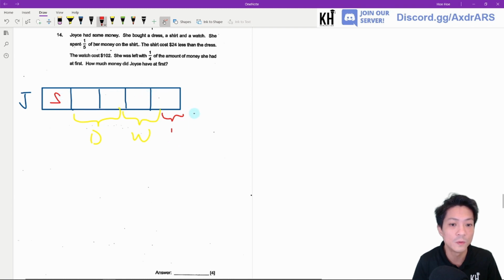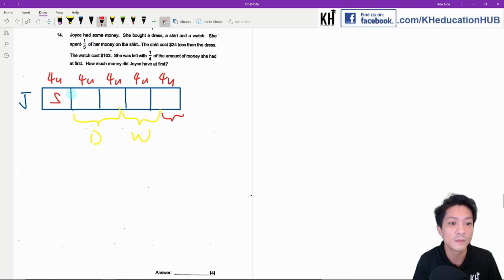So what I'm going to do is multiply 5 units to become a multiple of 4. So I'm going to multiply everything by 4 units. Which means that the amount of money that Joyce had at first is 20 units, and the shirt is equal to 4 units.